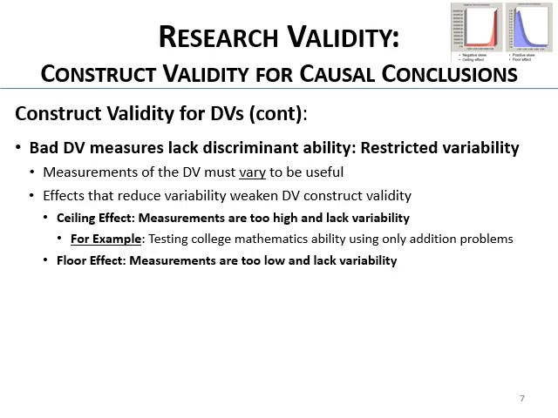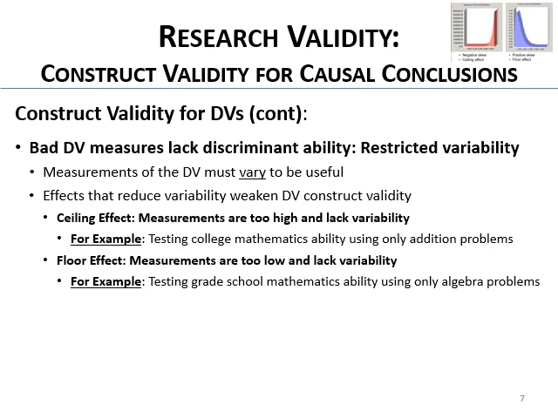So the opposite of that is what we call a floor effect, and this is where everyone blows it or gets a low score on your dependent variable. And so again, the problem is, if it's like the blue distribution up top, everyone gets a low score. There isn't much variability across the full range, and so you can't detect differences between your groups, and you have cruddy construct validity for your DV.